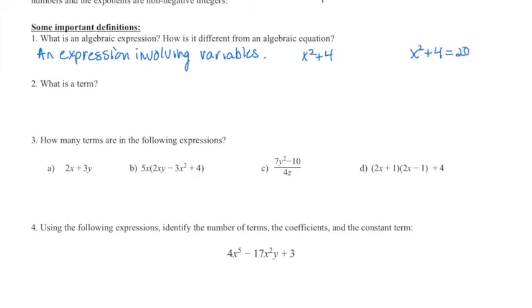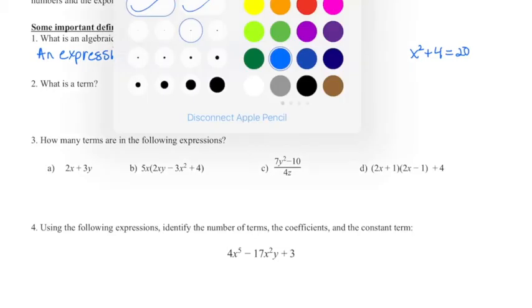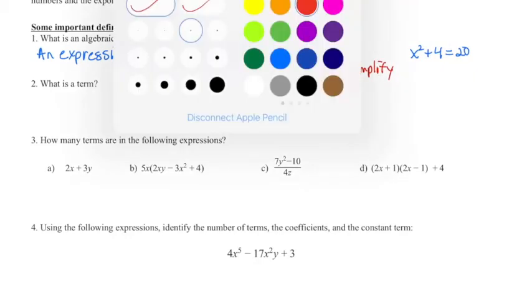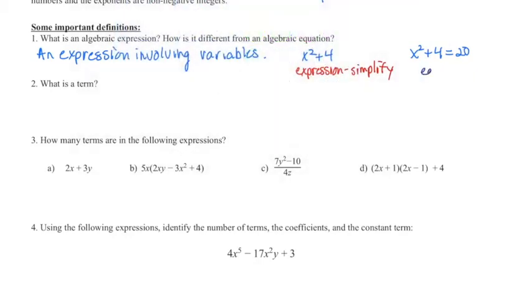So the biggest difference between an expression and an equation is in an expression, the only thing you can do is simplify. But in an equation, okay, and by the way, we can tell it's an equation because of the equal sign, we have a distinct left-hand side and a distinct right-hand side, where we don't have that with an expression.